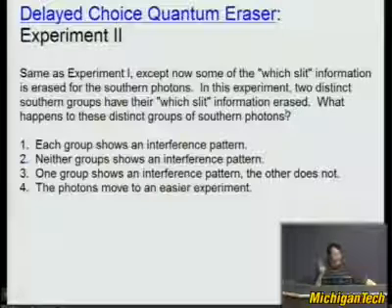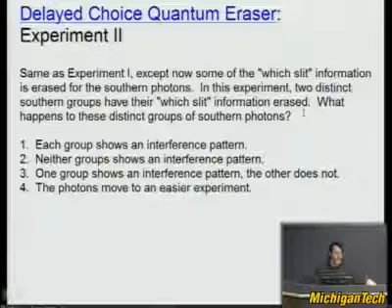And so two groups in fact are having their which-slit information erased. So what happens to these distinct groups of southern photons? Do each of these groups continue to show an interference pattern even though which slit has been erased for them? Does neither group show an interference pattern? Does one of the groups show an interference pattern? Or do the photons just move to an easier experiment?